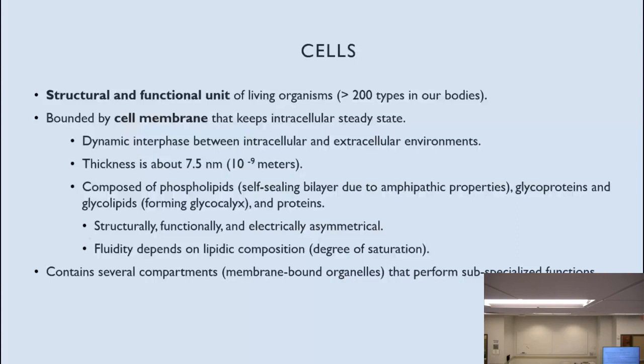Now, there are also things that we have to know. We say it's a lipid bilayer, and we tend to imagine that these are simply two layers of phospholipids. Well, there is a difference in the composition. It's not the same type of phospholipids on the outside and on the inside. That takes a while to study, and we are not going to enter into that, but this is a membrane that is asymmetric.